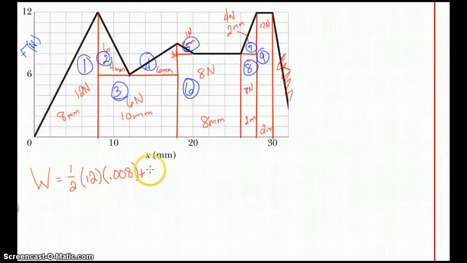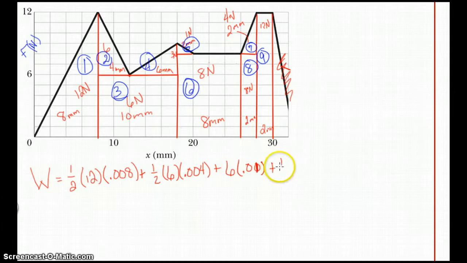And then for 2, we're going to have 1/2, 6 newtons by 0.004 meters. For 3, we're going to have 6 times 0.01 meter, so that's 1 centimeter. We're going to have 1/2, 3 newtons, 0.006. Region 5 is 1/2, 0.002 by 1.